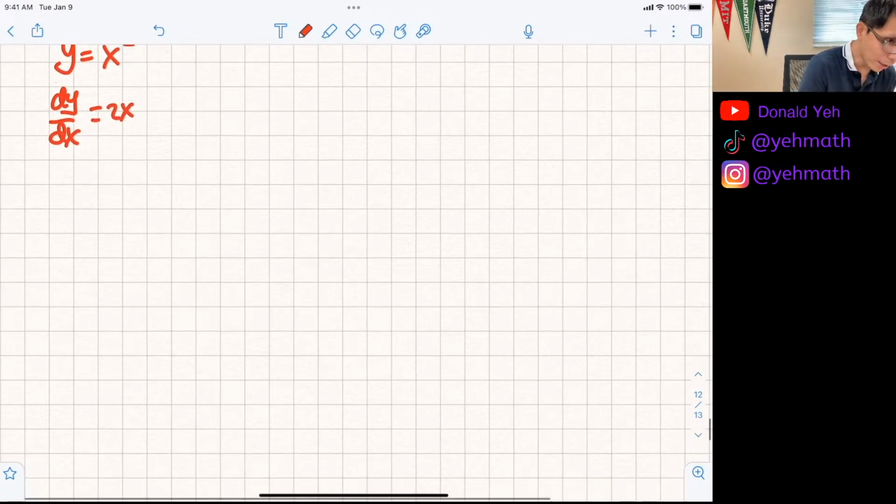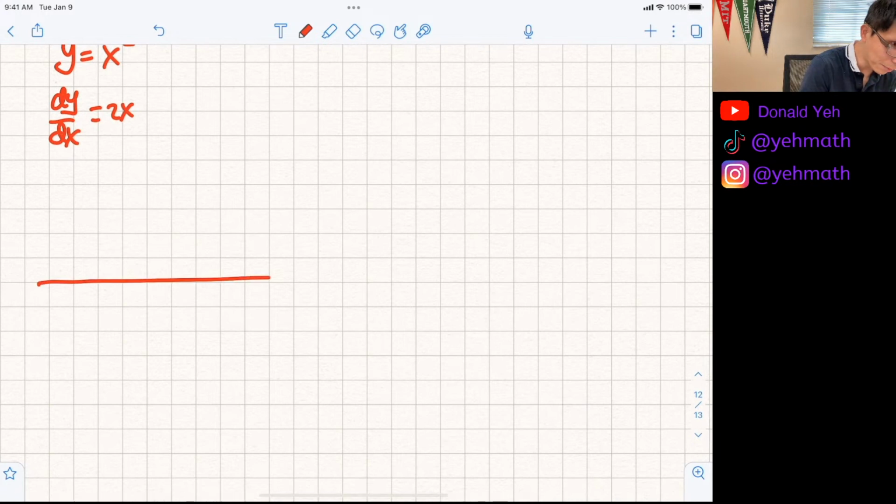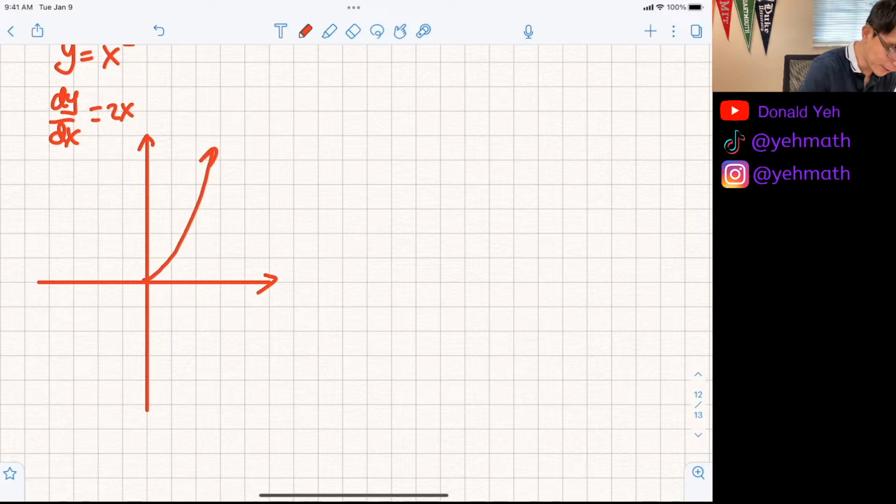You can take a derivative, but this is something called an explicit derivative. You can take a derivative explicitly because the function is x squared. All I have to do is use the power rule, which gives 2x.